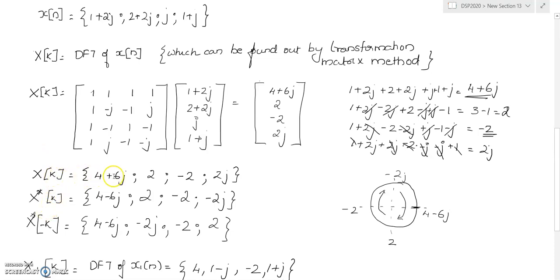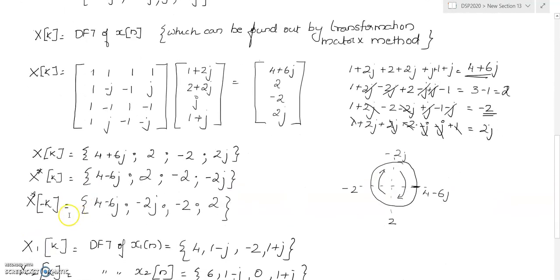X of k we already have, so we get x conjugate of k, which is 4 minus 6j, 2, minus 2, and minus 2j. We also have to derive x star of minus k, which is a folded version of this. If we consider this signal to be drawn in a circular manner and folded along the horizontal axis, the element at this point interchanges with the one at that point.